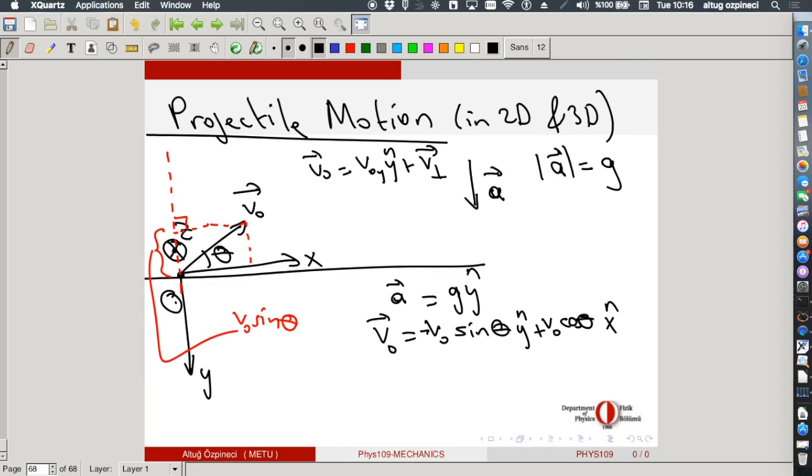So with these conventions, this expression is valid even if my initial V0 was pointing in this direction, with the correct sign. If it is pointing in this direction, then theta would be a negative number. Sine of a negative angle is a negative number.